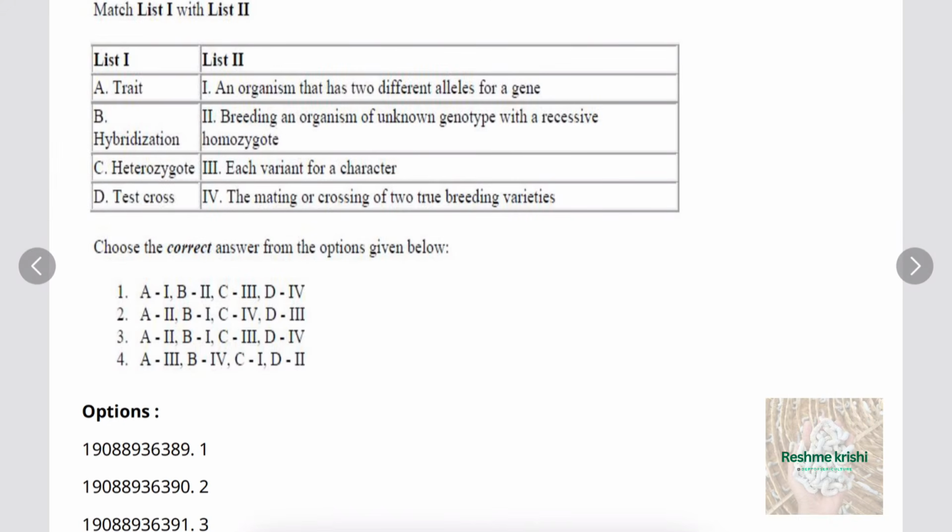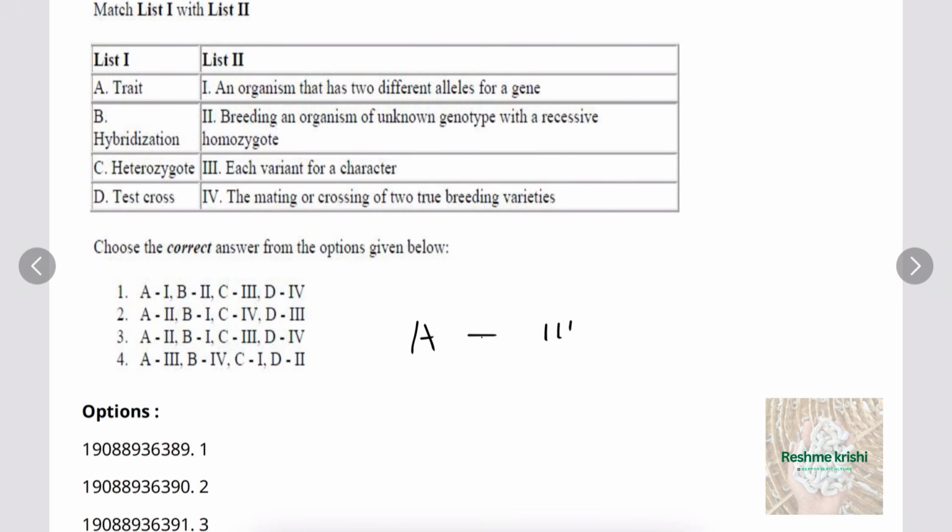Okay, here: trait, an organism that has 2 different alleles of a gene. Hybridization, breeding an organism of unknown genotype with a recessive homozygote. Heterozygote, each variant for a character. Test cross, the mating or crossing of 2 true breeding varieties. So we can see here, it is also a basic question. A, what is a trait? Each variant of a character.